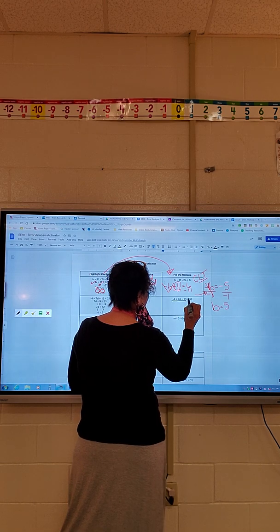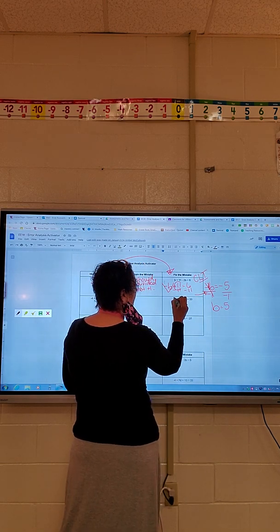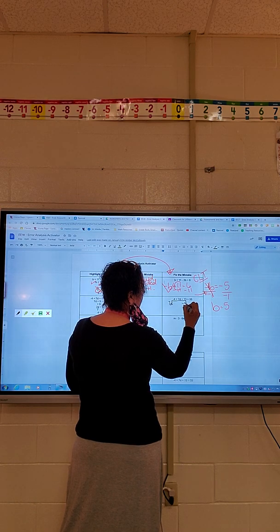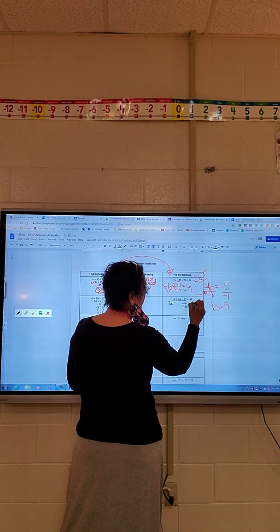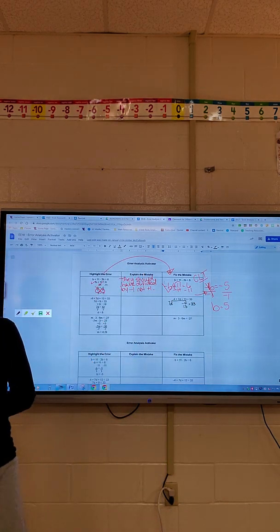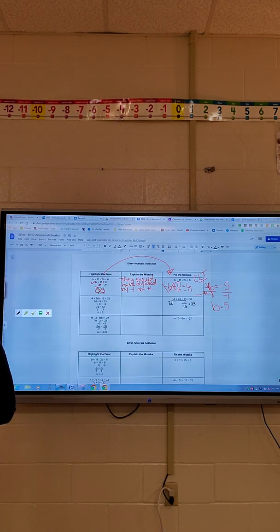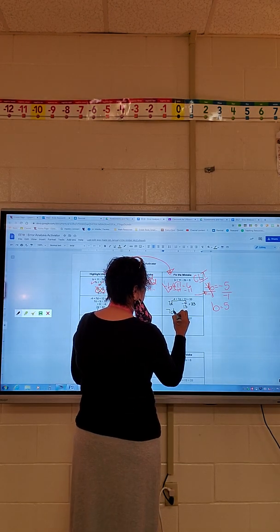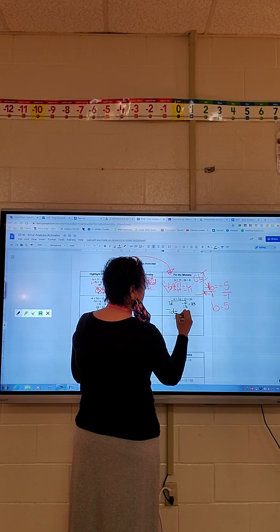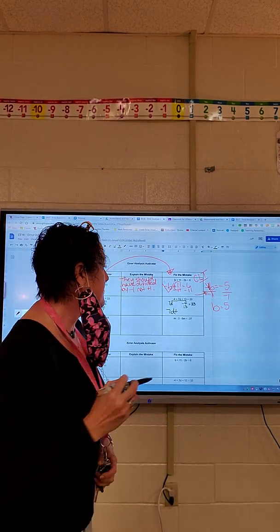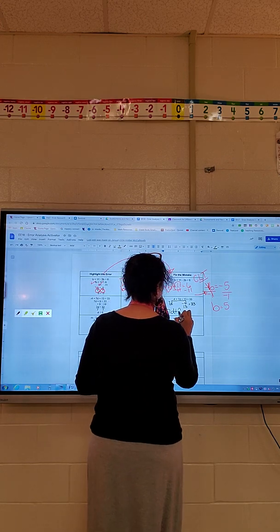Okay, so I have a 7D, a -4, and a 13, and they all equal 33, right? I'm just sorting my like terms. So I get 7D plus, what's -4 plus 13? Plus 9 equals 33.